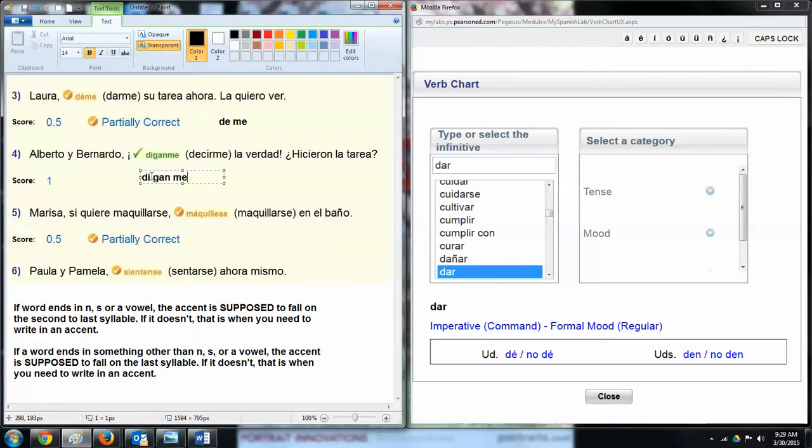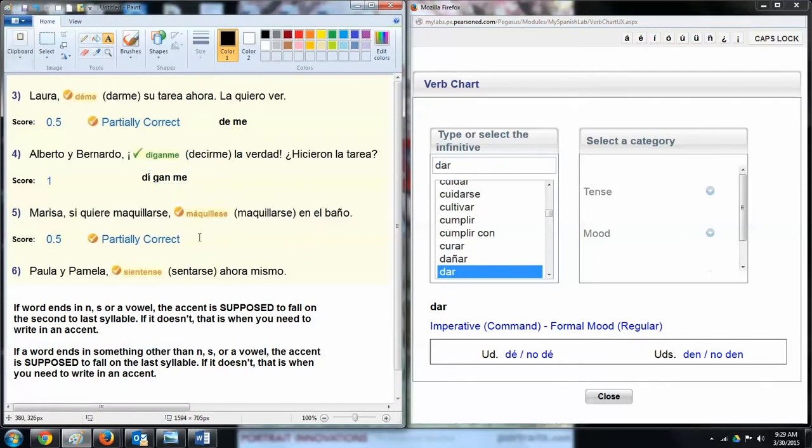I still want my stress to fall where it originally fell, which is over the I, but now my I has shifted its position from being the second to last syllable to the first syllable. So in order to get my Spanish speakers to say this word with the stress still falling on the I, I have to write it in. Otherwise, it would be shifted to that A.